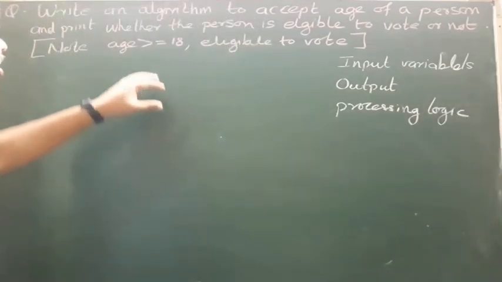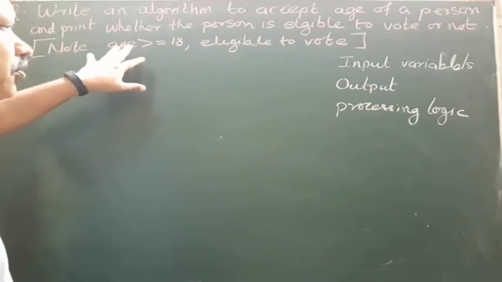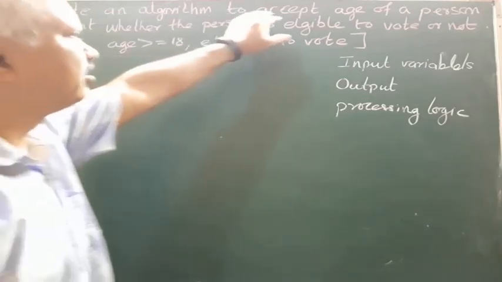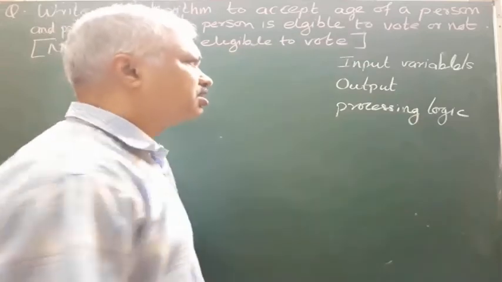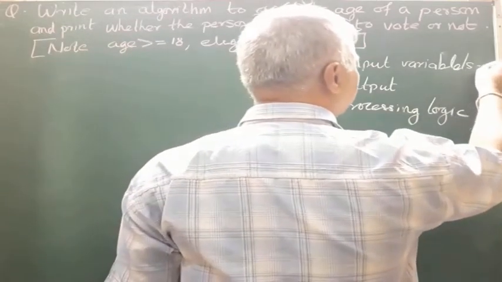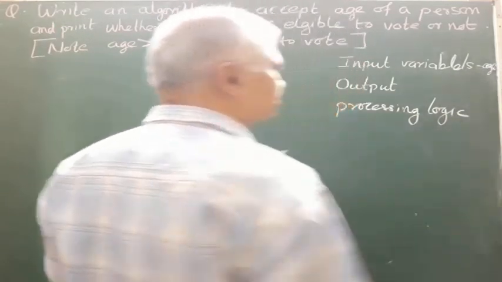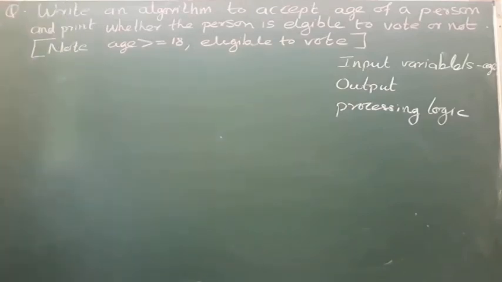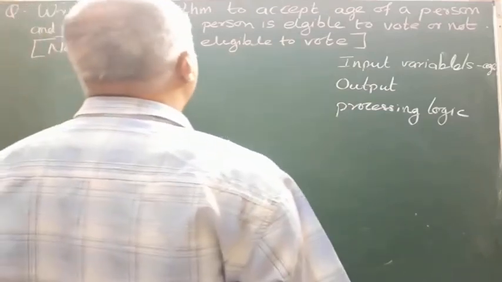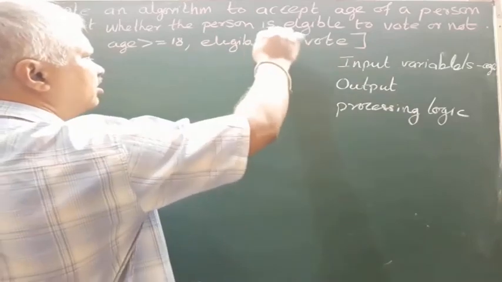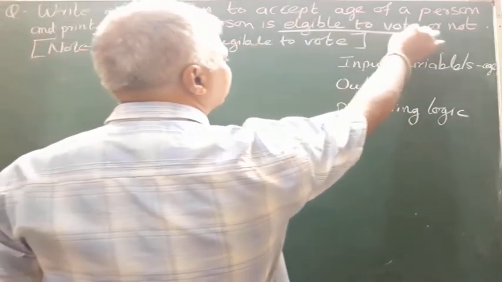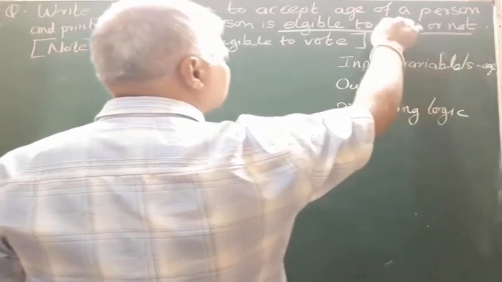If you see here, we have the input variable. It said that it will accept the age of a person. So the input variable is age. What is the output? Output is the statement, eligible to vote or not.